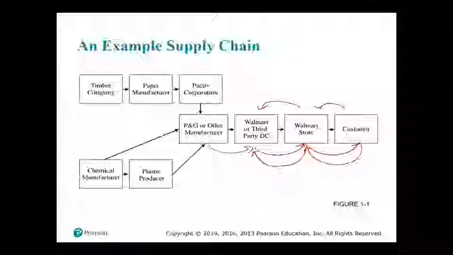One is it produces really large servers and sells them to companies. And it also produces personal computers and sells them to customers like us. For servers, they have a supply chain that goes directly from Dell to the customers without third-party logistics or retail stores.